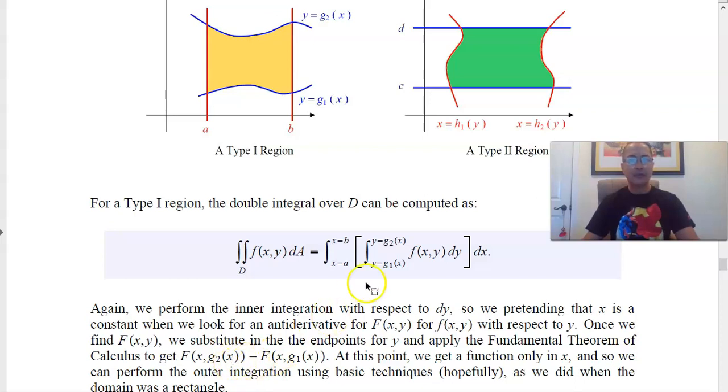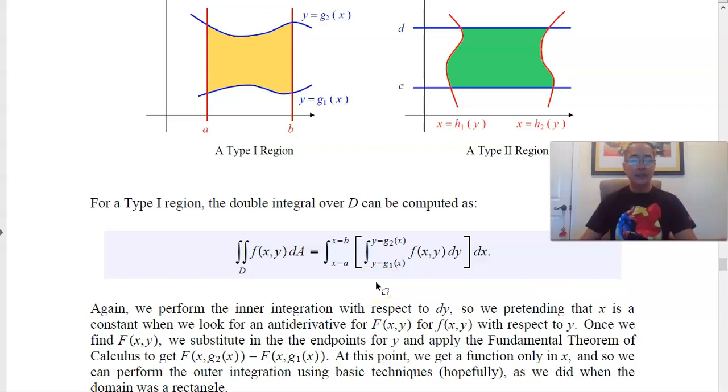But if you plug in these functions instead of constants, y will still disappear, and only x is going to remain. So once again, after we compute the inner integral, what we get for the outer integral will only be a function of x.